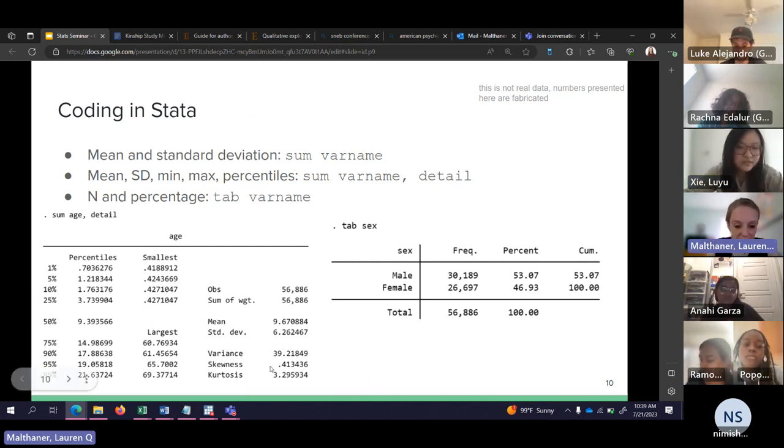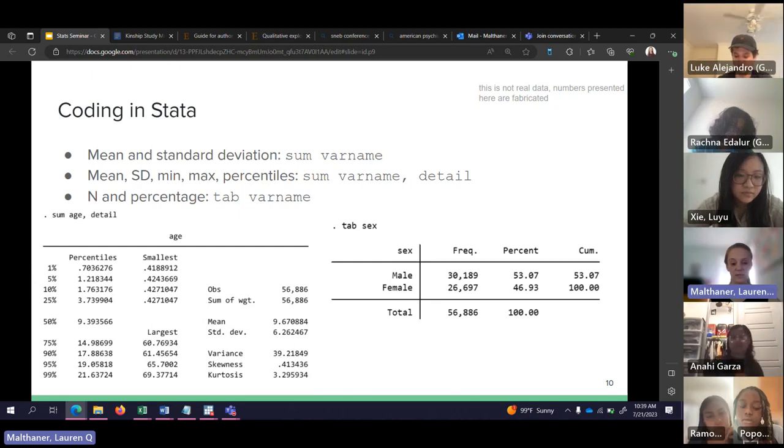Kurtosis and variance and skewness are just things that you want to look at when you're looking at the different assumptions of your variable. We didn't talk about it in this PowerPoint, but it would take a full course, or at least a couple of courses, to talk about the different assumptions that you need to meet when you're doing a regression model.